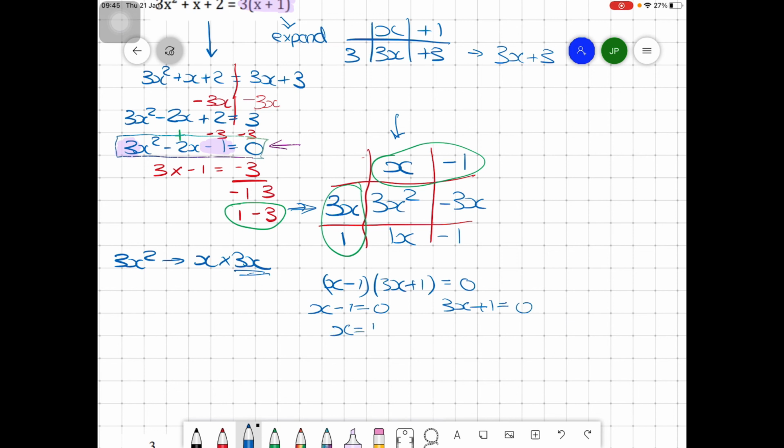So x will equal 1. This one just requires a little bit more balancing. So we'll subtract 1 from both sides: 3x equals negative 1. Divide both sides by 3: x equals minus a third. And there are two solutions we should have got.